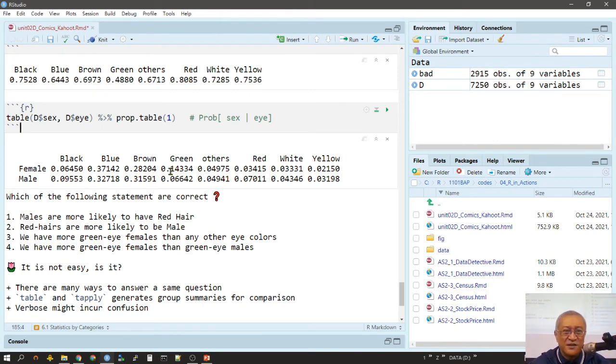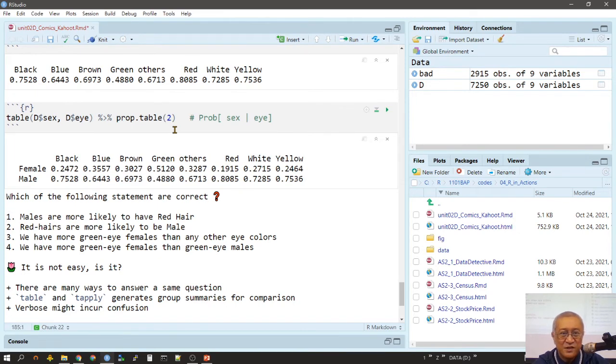In this exercise, we don't have too much time to practice, but I suggest you try to answer this question. It's not easy. I'm doing 2, so right now I'm testing the fraction of male and female in each eye color. Which of the following statements are correct? Can you do a group exercise now?